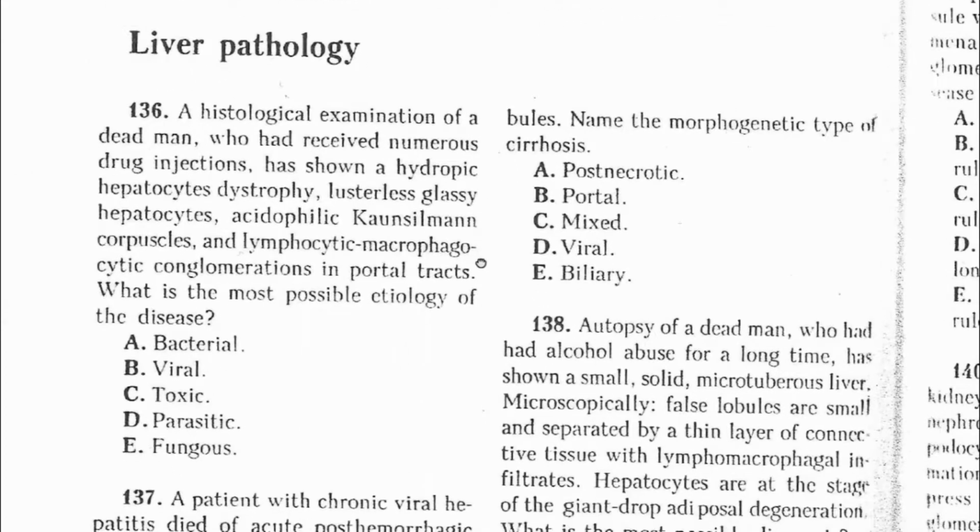136. A histological examination of a dead man who had received numerous drug injections has shown a hydropic hepatocyte dystrophy, Mallory's hyaline hepatocytes, acidophilic Councilman corpuscles, and lymphocytic macrophagocytic agglomeration in the portal tracts. What is the most possible etiology of the disease?